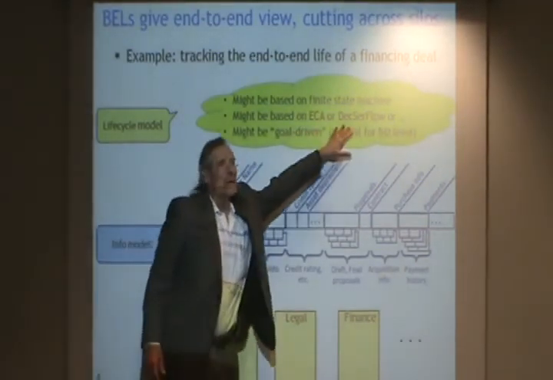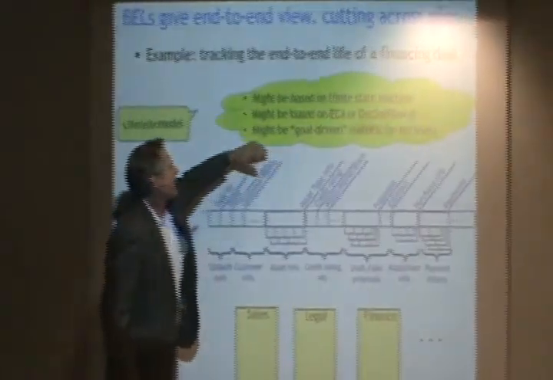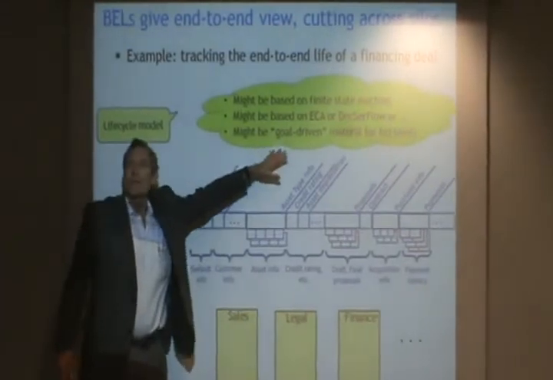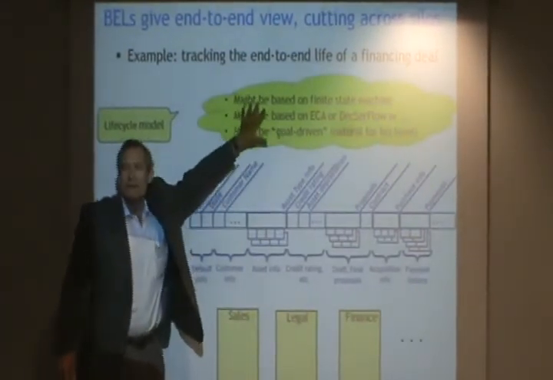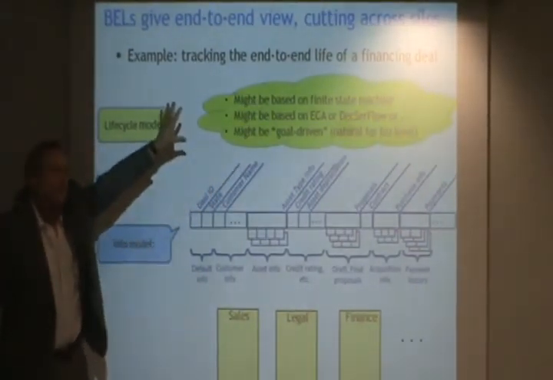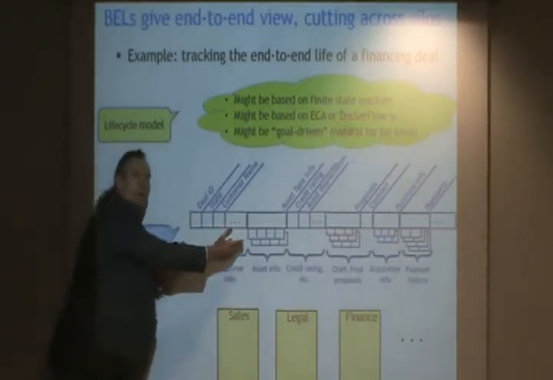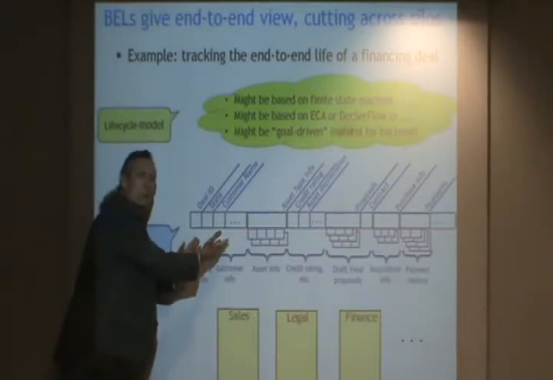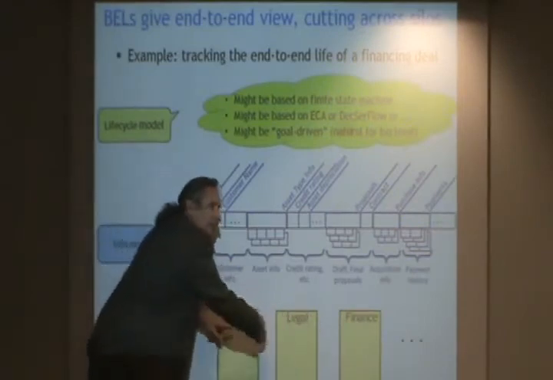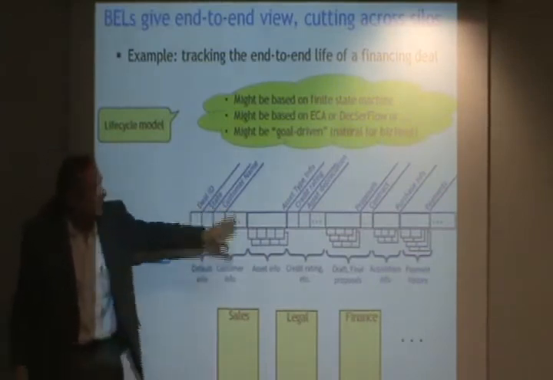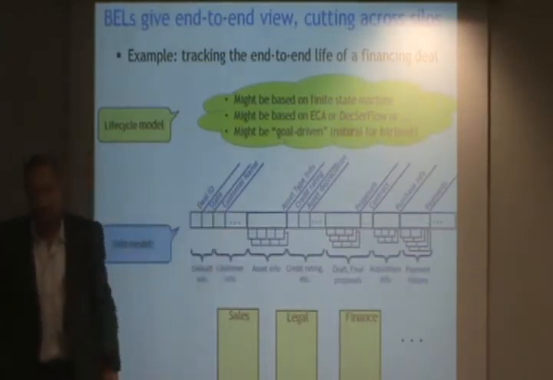Could be using, say, Dexerflow, a declarative language for business processes. Might be more goal-driven. I mean, let's not even worry right this second about how this life cycle model is specified. But anyway, this information model provides a common vocabulary, by the way, for the people working in these different silos. So one of the big advantages of the business entity approach is the common vocabulary that's provided.